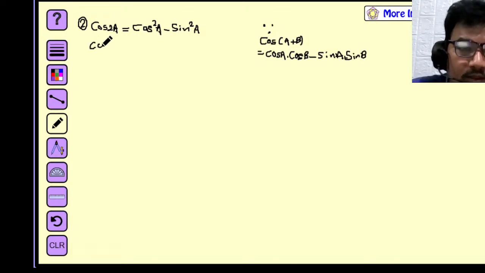Cos 2A is there. Right here, cos 2A. In place of cos 2A, now we have to write like here. Cos we mentioned there. Now A means we can write here.